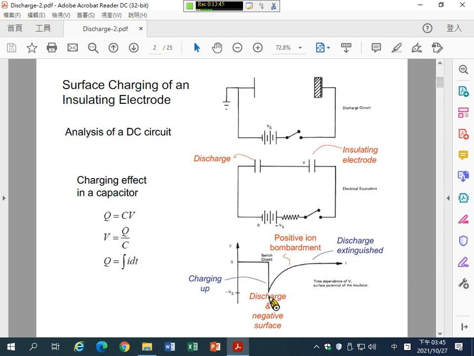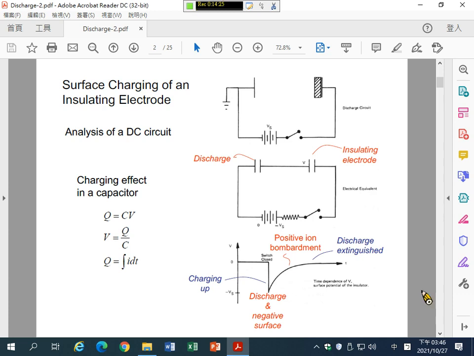So at this point, we switch on or close the switch so that the surface of the insulating material can be charged up. Okay. So for example, we can charge up the surface of the insulator to minus 1000 volt, for example, at this point. So here, minus Vs, okay, means the surface potential of the insulating material.